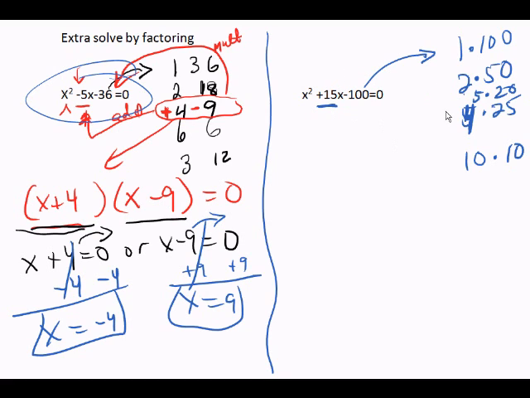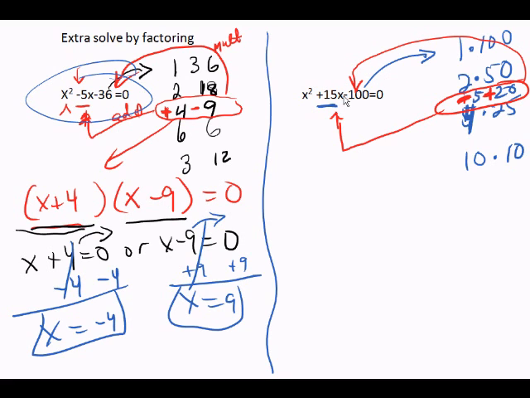Now, which pair will add or subtract to equal a plus 15? I need to get a positive 15. Do you see how it's got to be a minus 5 and a plus 20. A minus 5 and a plus 20 will add up together to equal a plus 15.